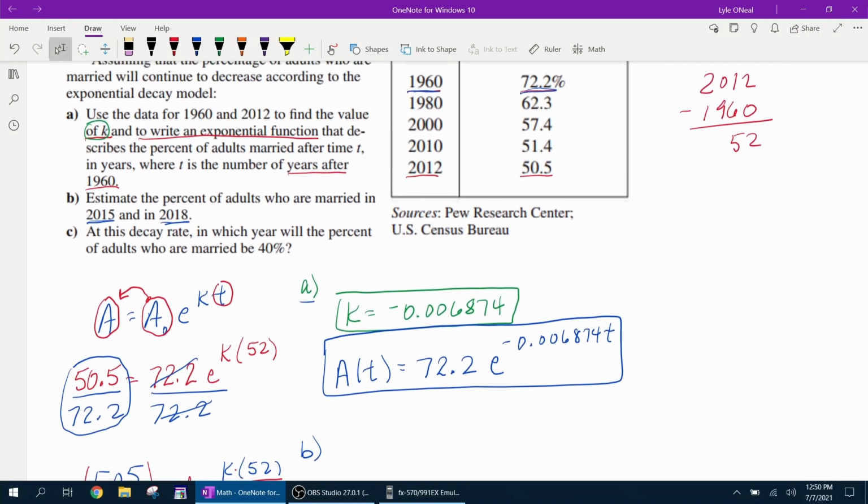So the first thing we're going to have to do is take 2015 minus 1960, and then 2018 minus 1960, and that'll give us the 2 times that we're concerned with. And 2015 is 55 years, and 2018 is 3 years later, so I'm guessing that's going to be 58 years.